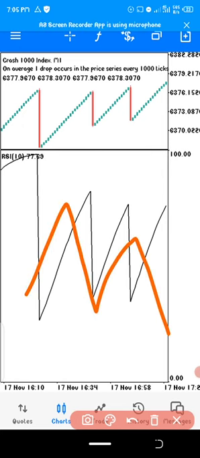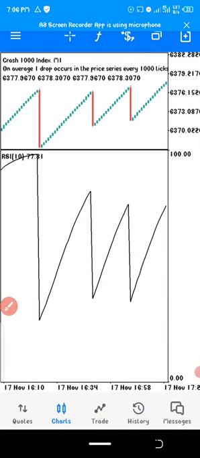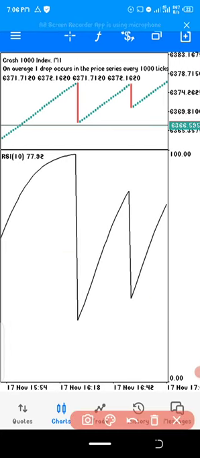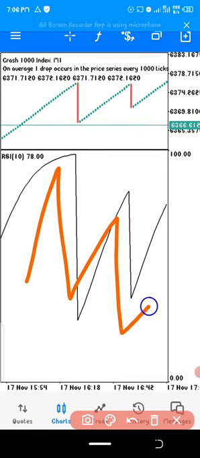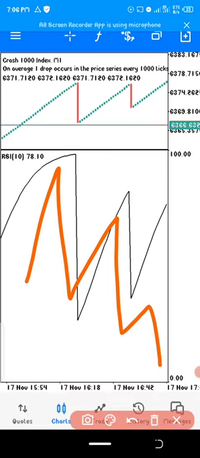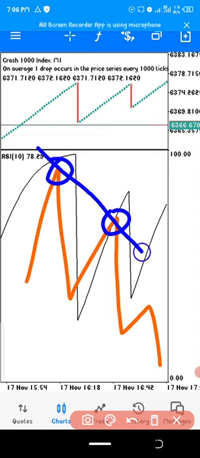When we have the RSI make a downward pattern like this, we're looking for the market to make a pattern like this. Then we need the first touch, which is going to be the upward touch, and then the second touch, and then we are going to use a trend line to connect the two touches together.